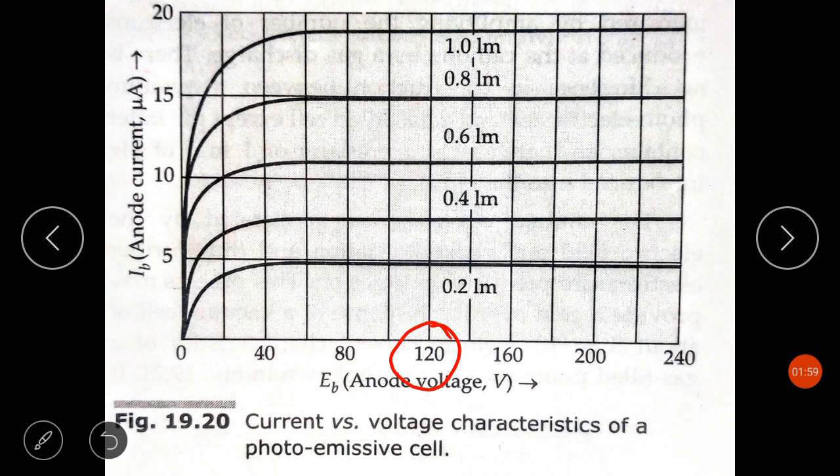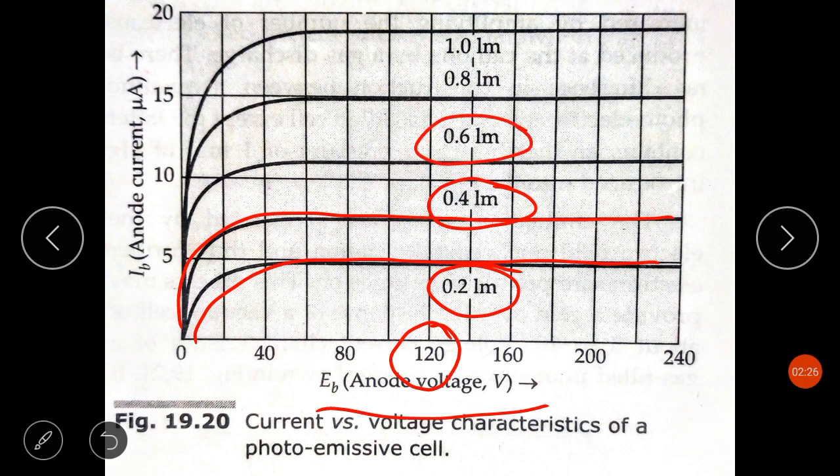Here I have taken the radiation of the light constant, and I have varied the anode current. If you can see the individual graphs here, the anode current is varied with respect to the voltage between the cathode and anode. This is one graph, and this is another graph, and these are the different luminous flux or luminous intensity.